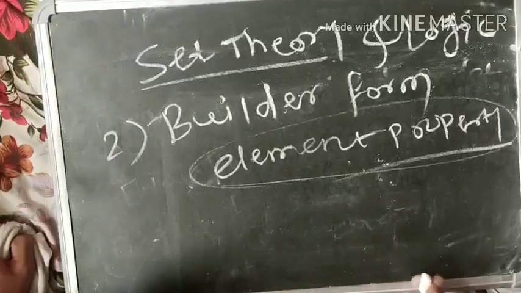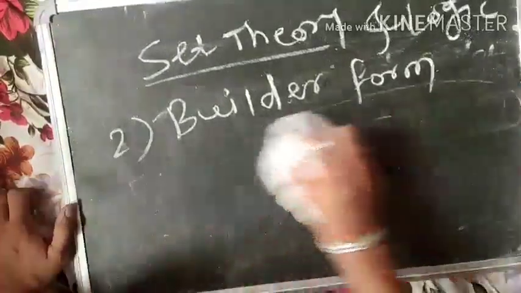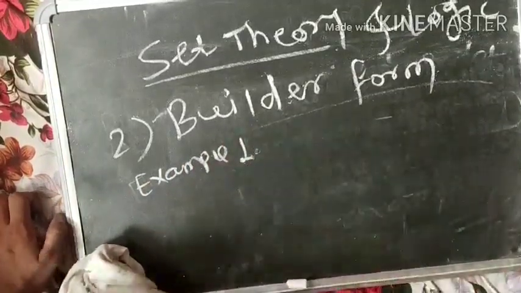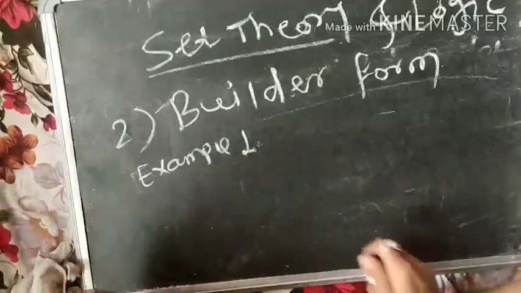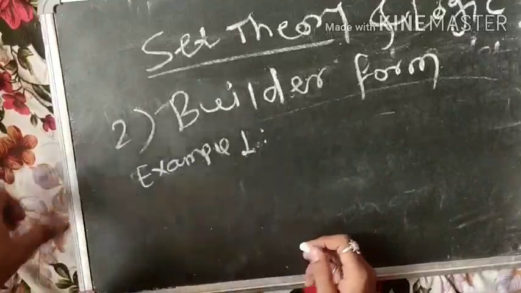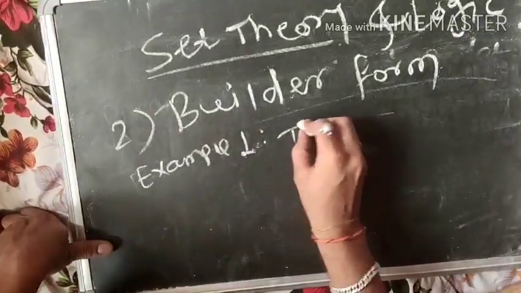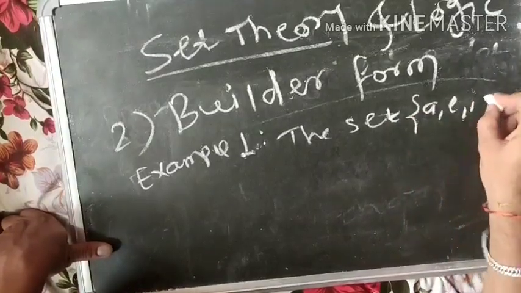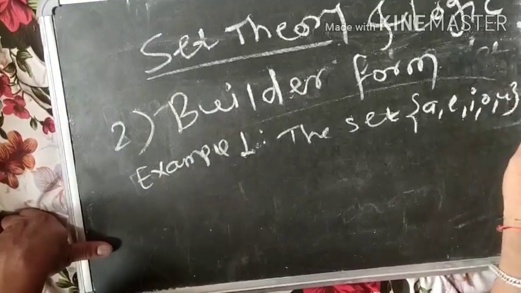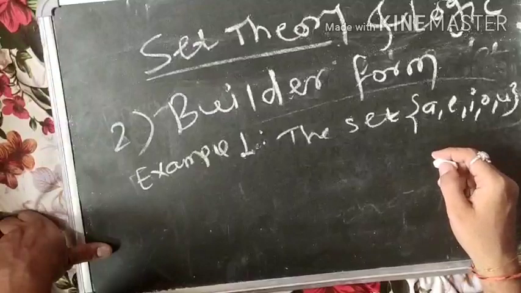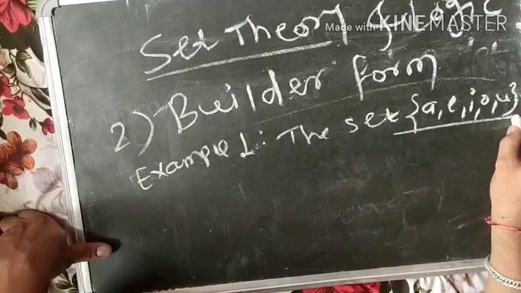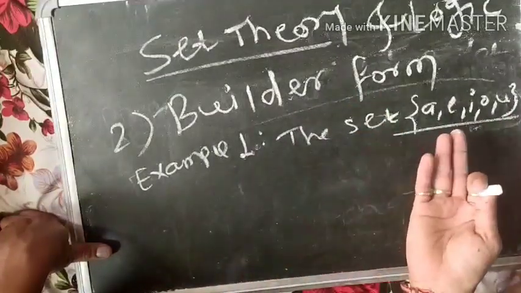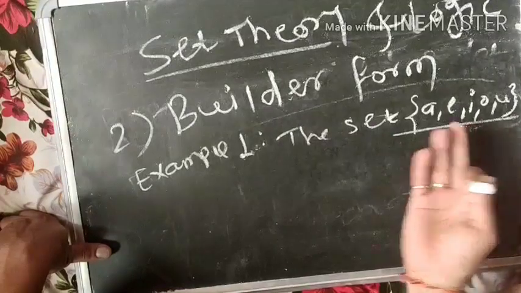First example for builder form. This set {A, E, I, O, U} is a tabular form representation of a set, and we write it in builder form. How do we write this tabular form set in builder form?